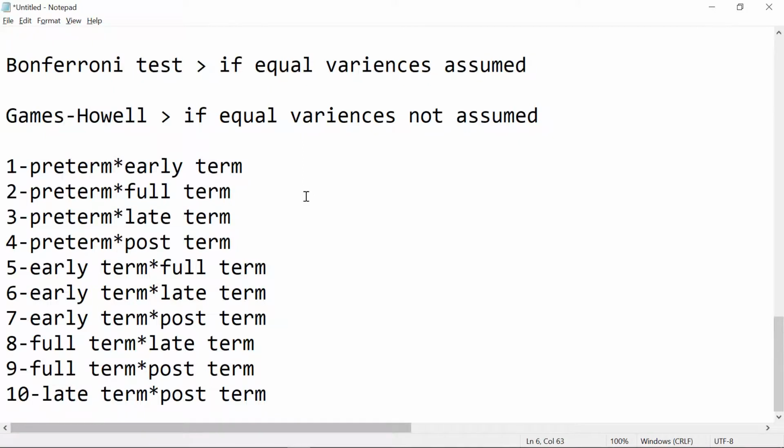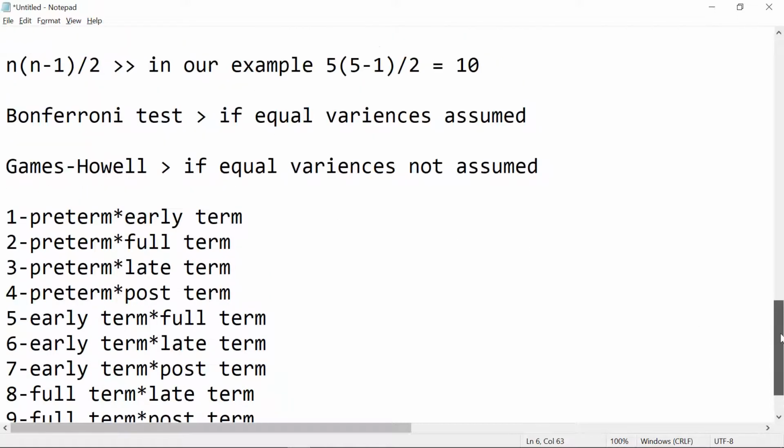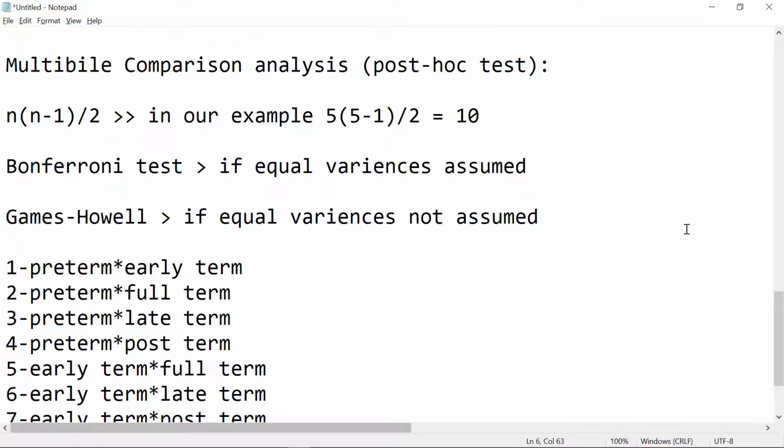Notice that we don't have to report them all; you report those related to your study or aim of the study. Previously we saw that equal variances are not assumed in our case, so we are going to use Games-Howell post hoc testing instead of Bonferroni, which is used if equal variances are assumed.